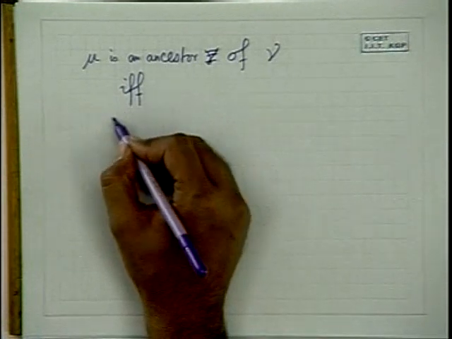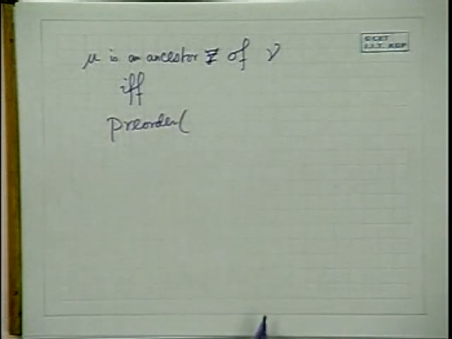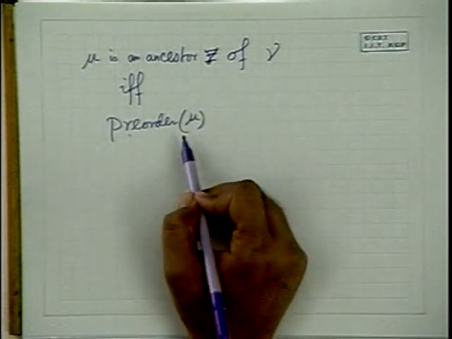this is valid: pre-order, basically this is the ordering. While traversing the tree, if you order the nodes according to your traversal, that gives a number to a node. So when I say pre-order mu, it means that number.